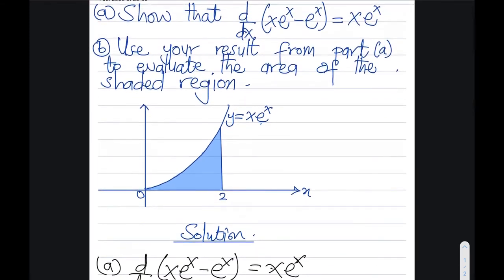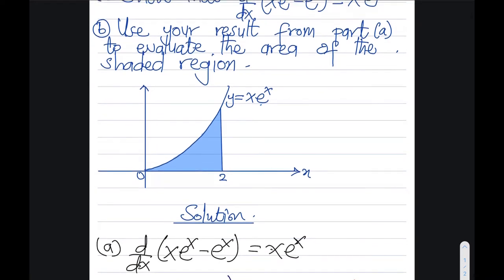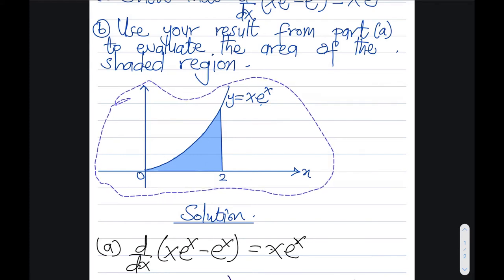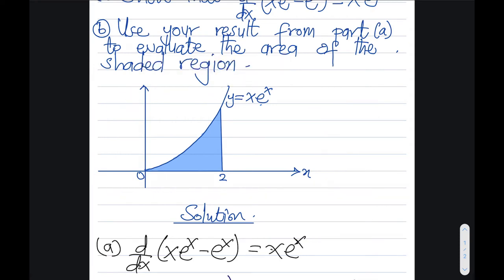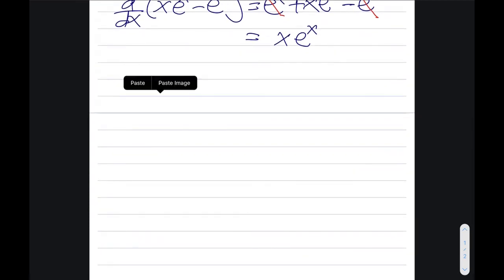Now we are supposed to find the area of the curve, okay, the area under the curve. That is what we are supposed to find. Fine, let us copy this curve and then bring it here.